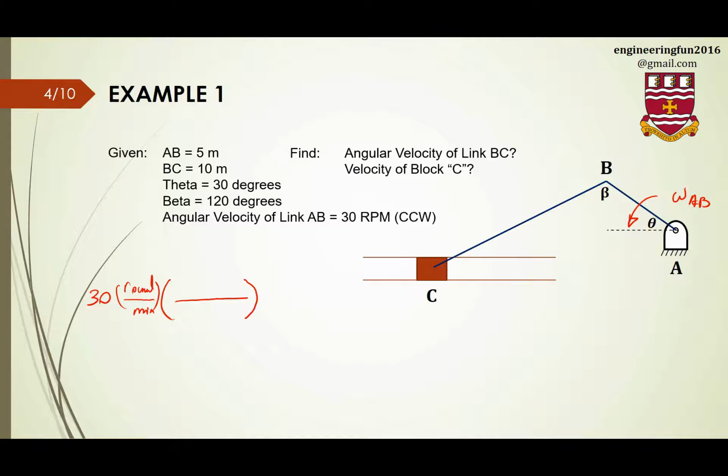I want to have radian per second. So this minute has to be changed to seconds. So I can say 1 minute is 60 seconds.